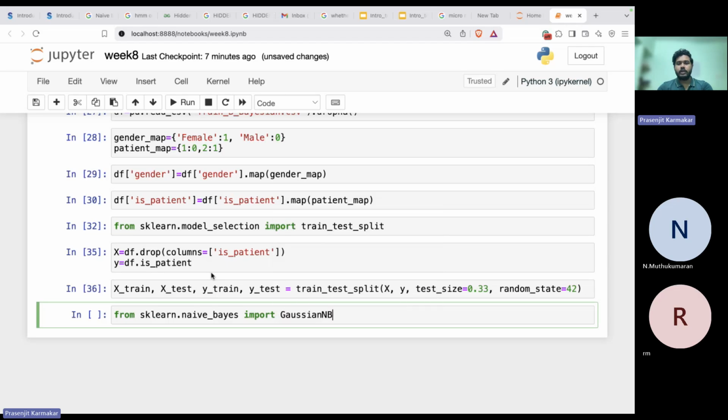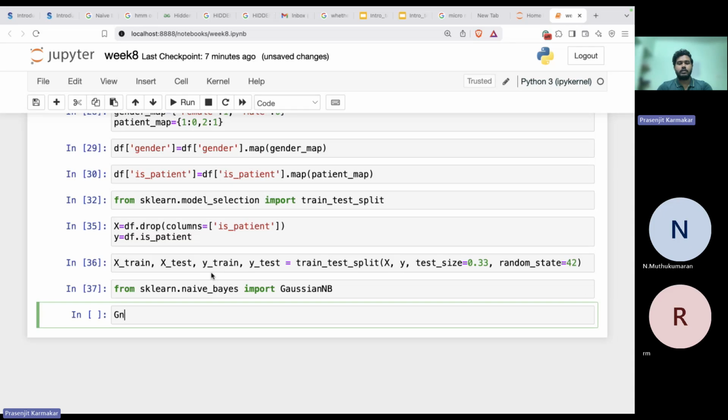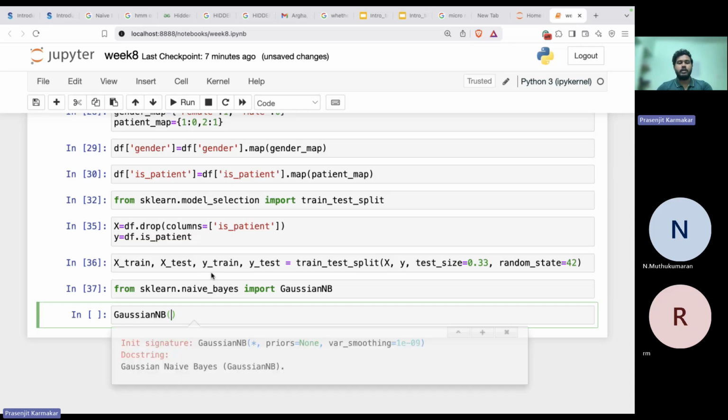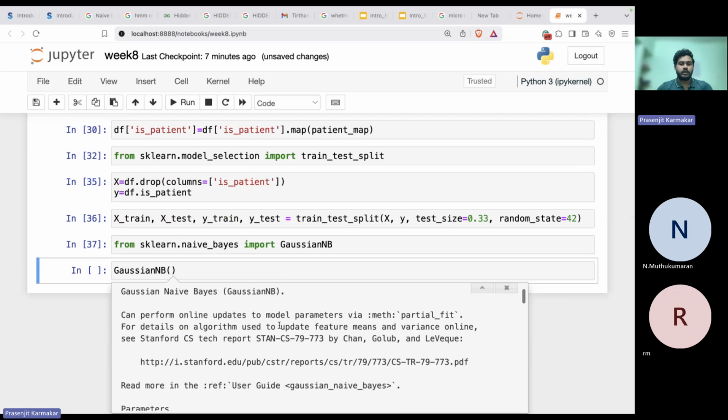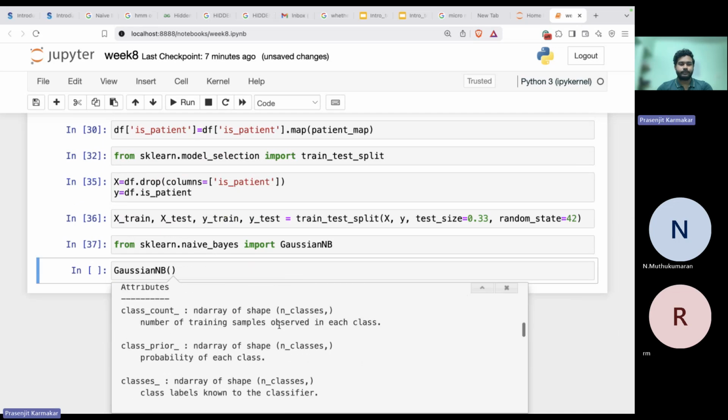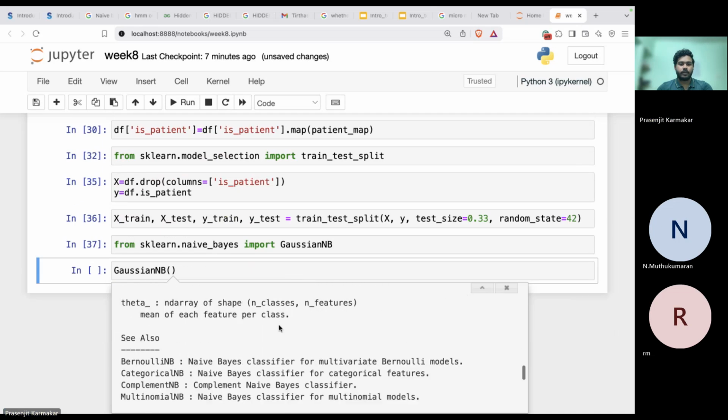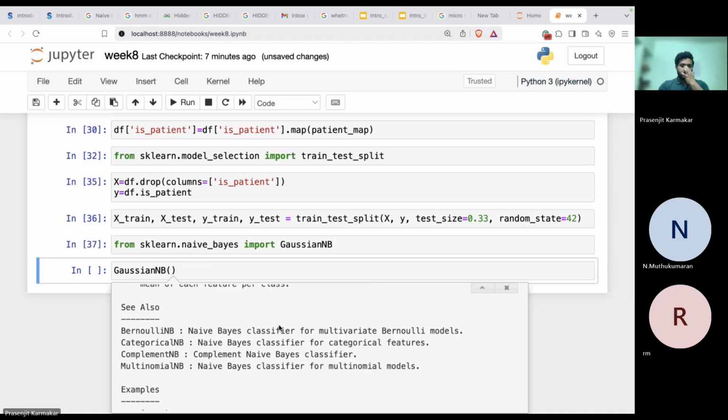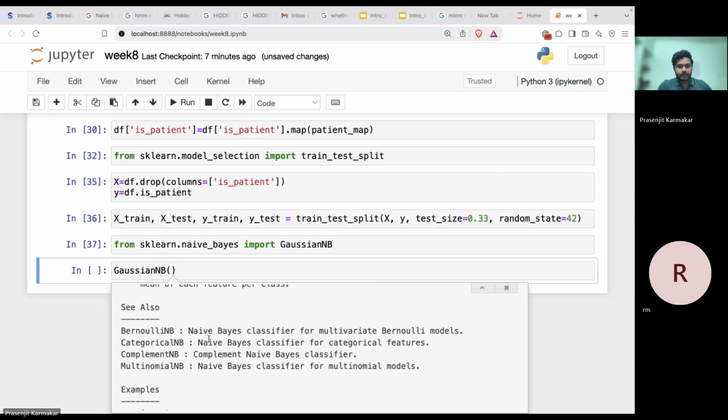So let's just go with Gaussian NB. It tries to estimate all the features to be normal, I guess. So what does it assume?